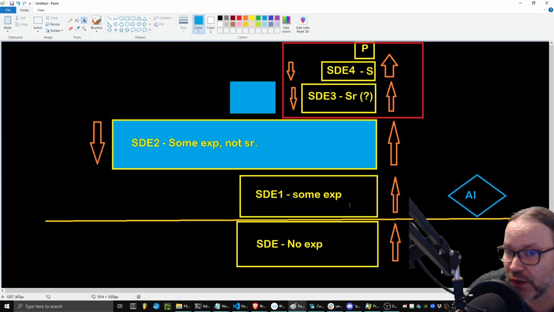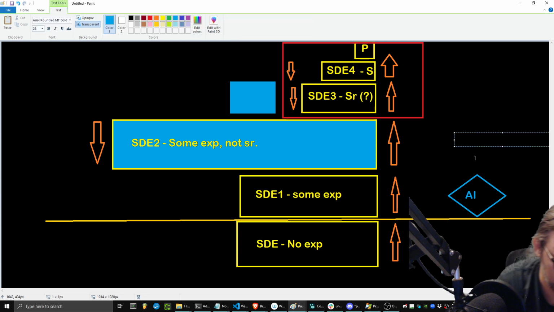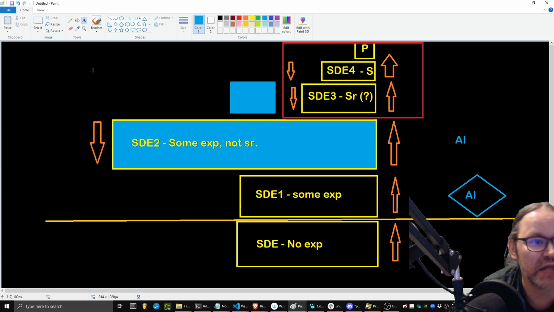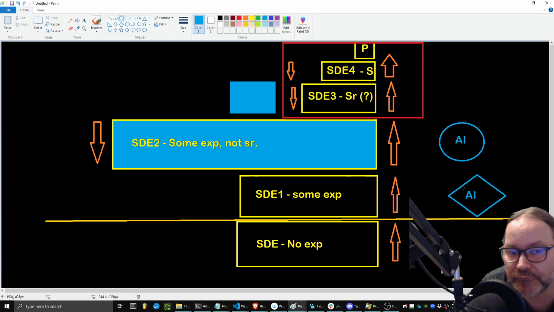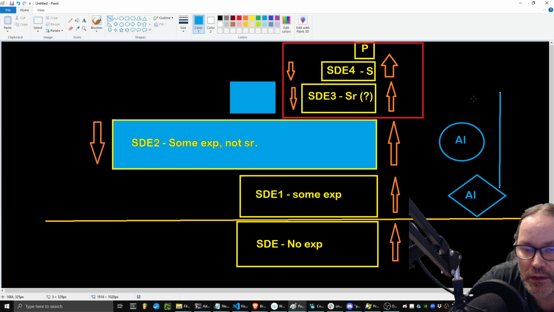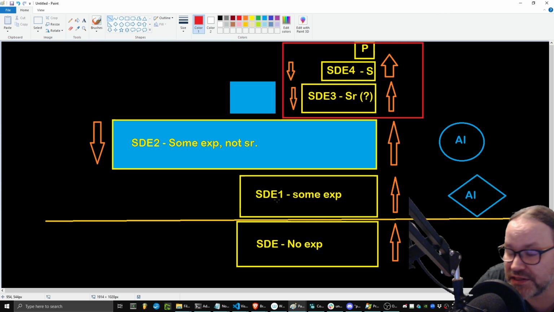They're not always more productive than an SDE2, but here's the fun thing. They are in some cases. And so the big issue here is that really stupid AI used by an SDE3 is still more productive than an SDE1.